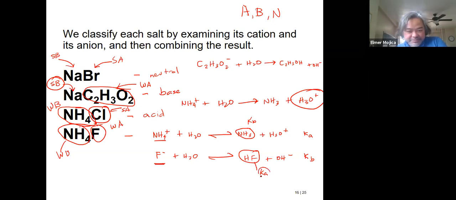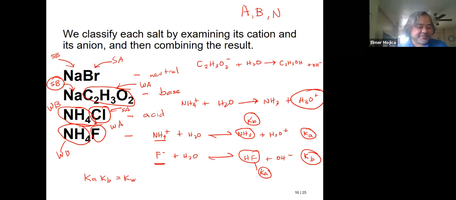Now, if the Ka and the Kb are given, can I get the corresponding Ka of NH4 plus and the corresponding Kb of F minus? How do I get the Ka? Another thing that you will learn, Ka times Kb will give you Kw.